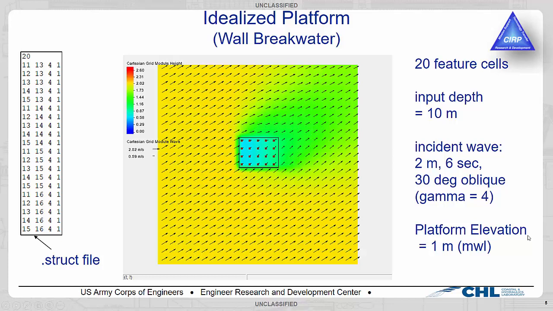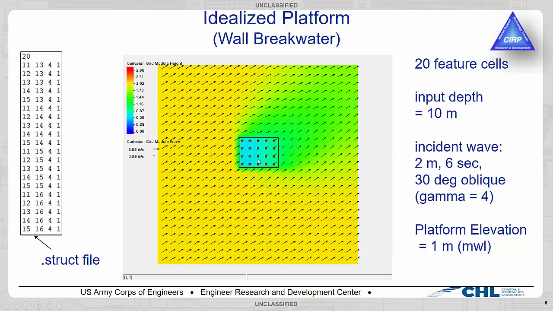That elevation is in a different direction than depth is, of course. Depth for our models is positive down. Elevation is positive up from the water surface, and in this case we specify a value of 1 meter, relative to our overall datum, which is mean water level.